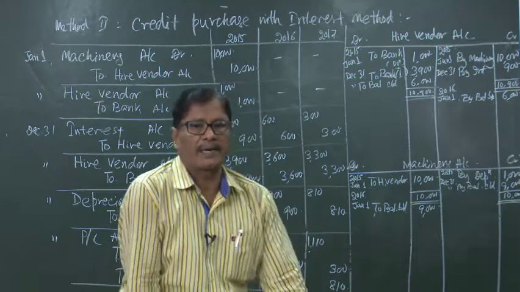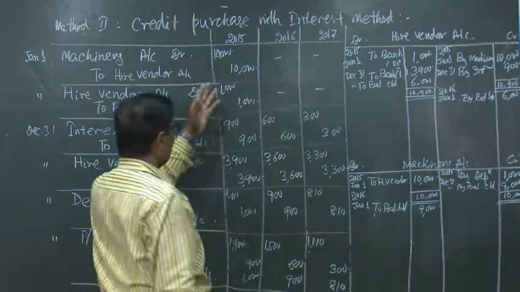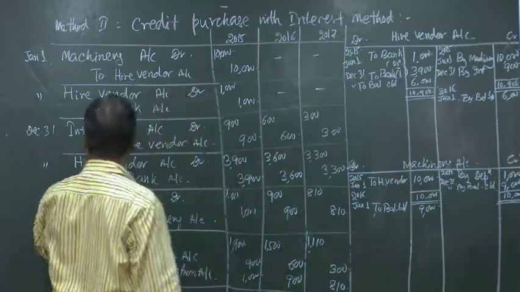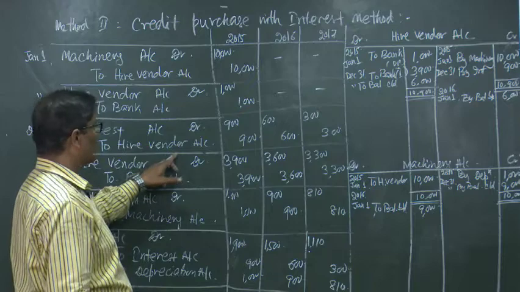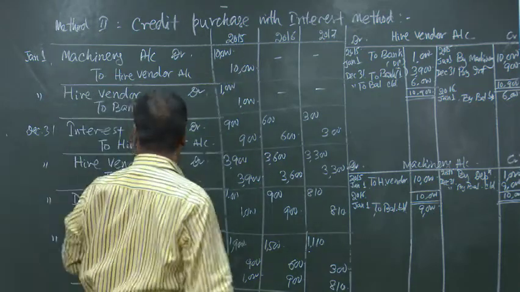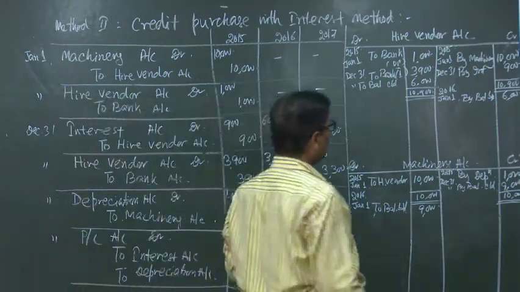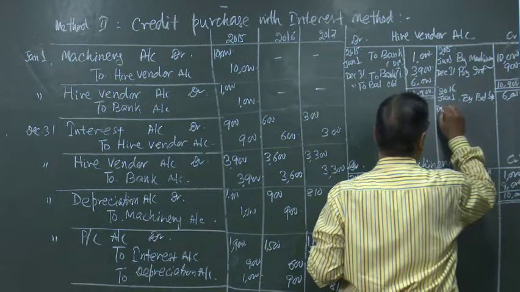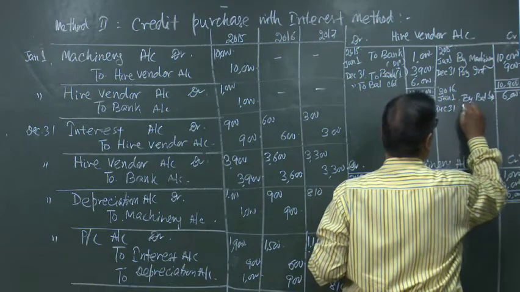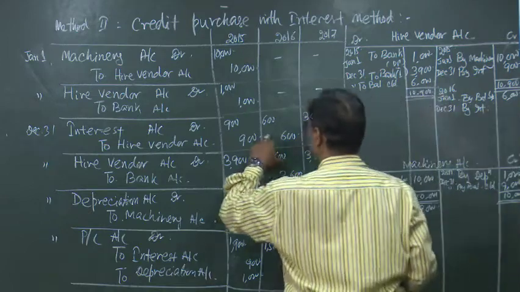Coming to the second year now, that is 2016. There is no entry in these two respects. So, interest account debited to hire vendor account, when? On December 31st, 2016. We can write here December 31st by interest. How much? 600.